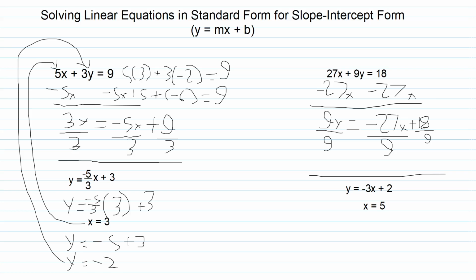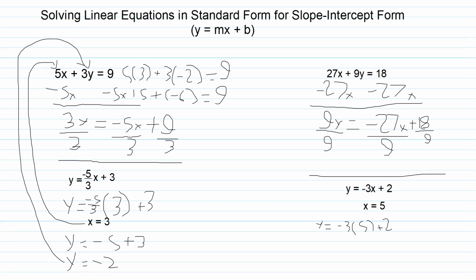Now let's do it on our second equation. We need to substitute x equals 5 wherever you see x in the second equation. So let's begin. Y is equal to negative 3x plus 2, so we will make x equal to 5. Y is equal to negative 3 multiplied by 5 plus 2.